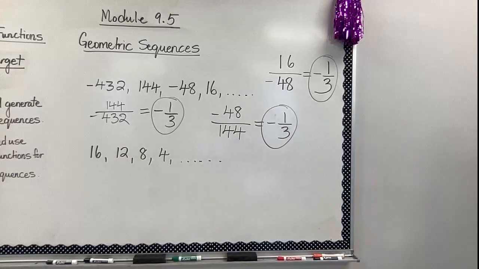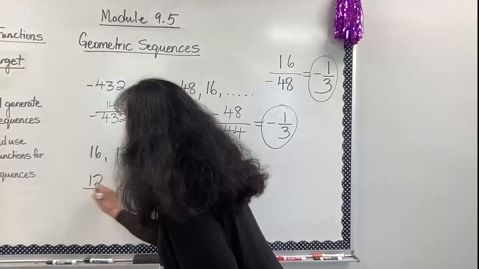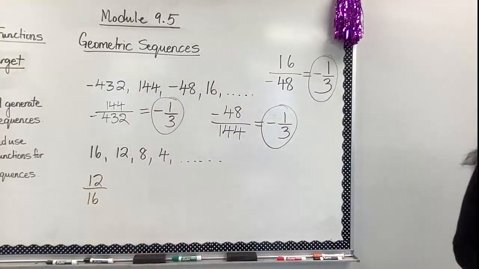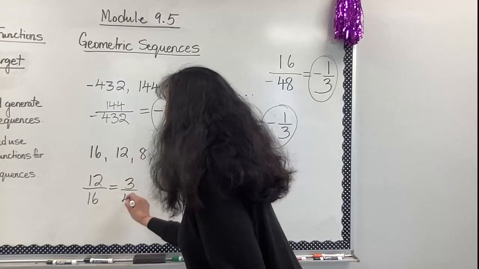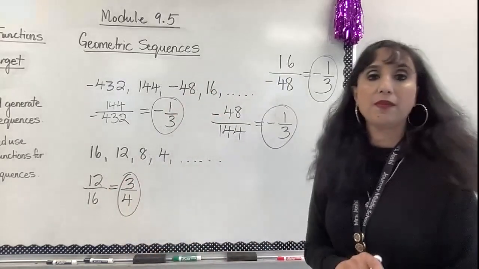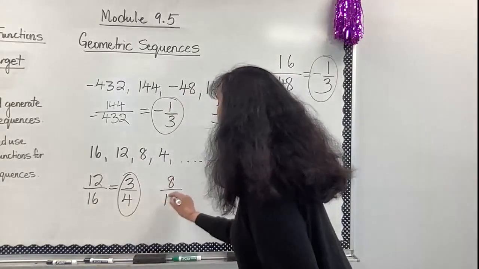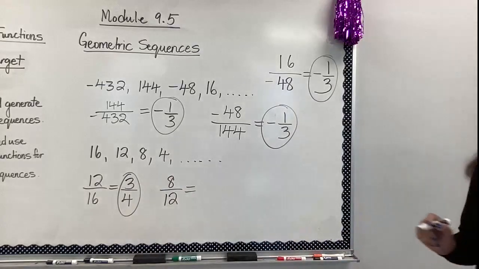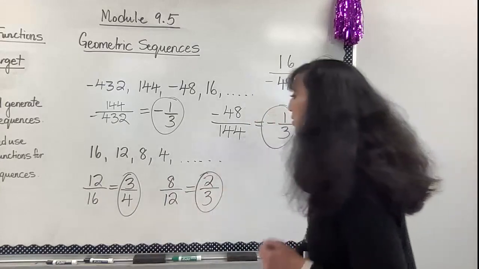We are going to divide 12 by 16, and I get 3/4 in simplest form. Then I'm going to divide 8 by 12, and I get 2/3 in simplest form.